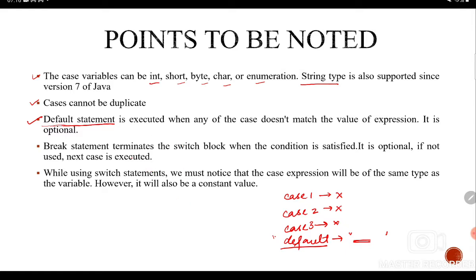Again, there is another statement known as the break statement. The break statement terminates the switch block when the condition is satisfied. It is also optional, and if not used, the next case is executed. This is another statement which goes hand in hand with the switch statement, along with default. So whichever block it is executing will end whenever the compiler encounters the break statement.